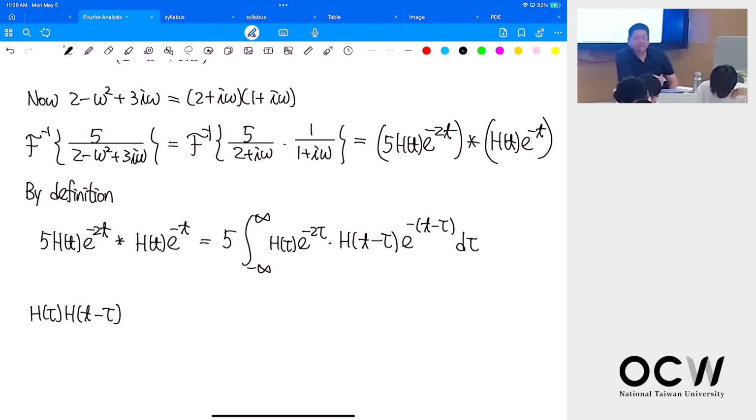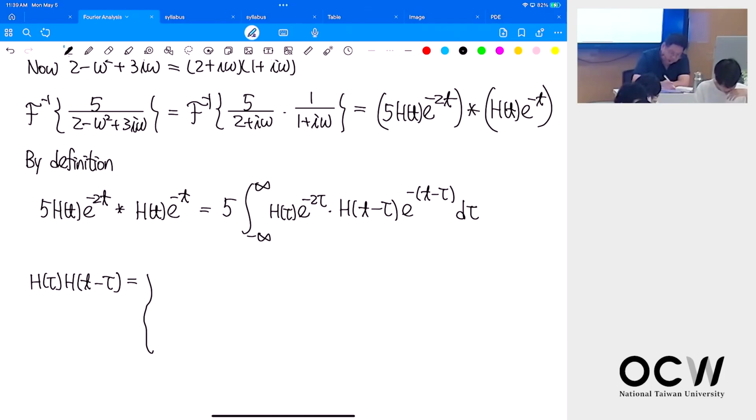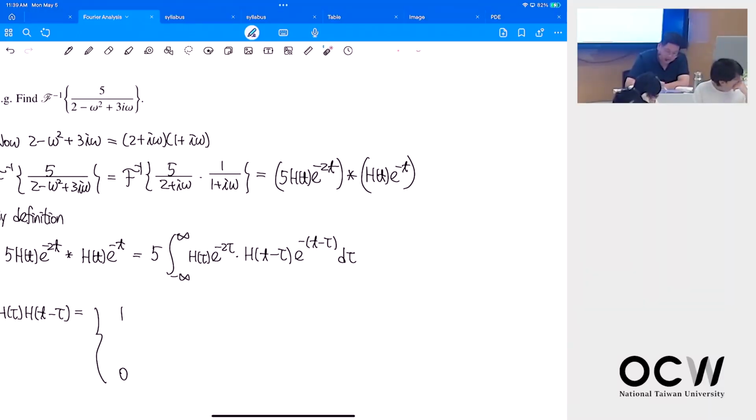We know Heaviside function is either 1 or 0, right? So if I have two Heaviside functions multiplied together, with a time shift, then I still need to know when I will get 1. Okay, when I will turn on the light. So it should be either 1 or 0. So now let's just plot the Heaviside function of tau, and also if I flip and then shift to the right by t, what is this?